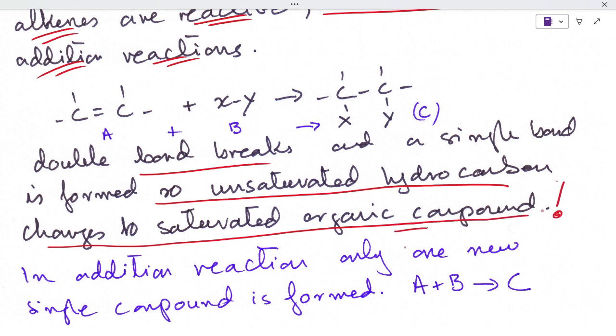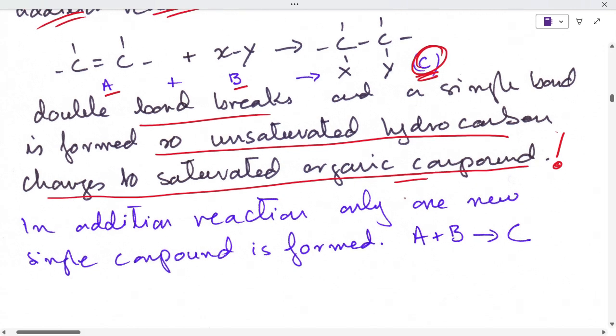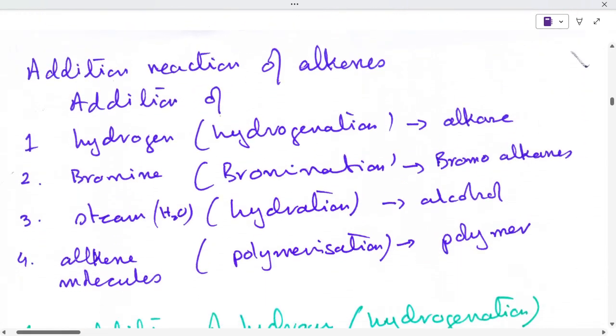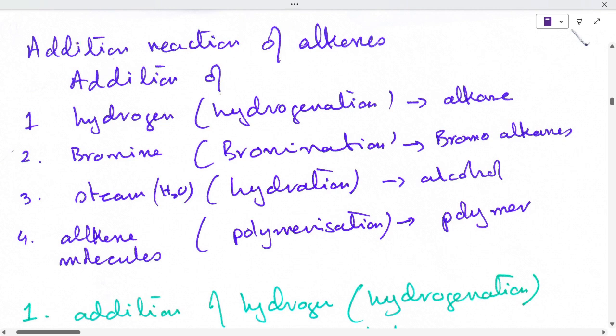Now I have mentioned ethene as A and B, which is to be added. A single compound C is formed. Addition reaction of alkenes. Now we can add hydrogen, which is called hydrogenation. Product is alkane.